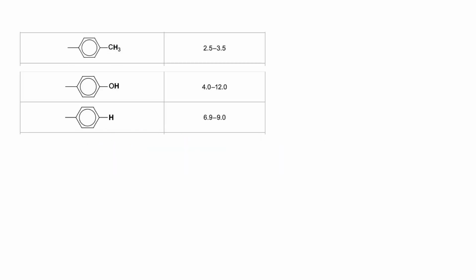All right, and our last set of chemical shifts here now are related to protons that are next to benzene rings. So we've got three circumstances here. The first is this one right here, which is just the protons on the benzene ring themselves. And so they give a chemical shift around 6.9 to 9. It's quite a wide range. We also have a proton that's on an OH group specifically beside a benzene.